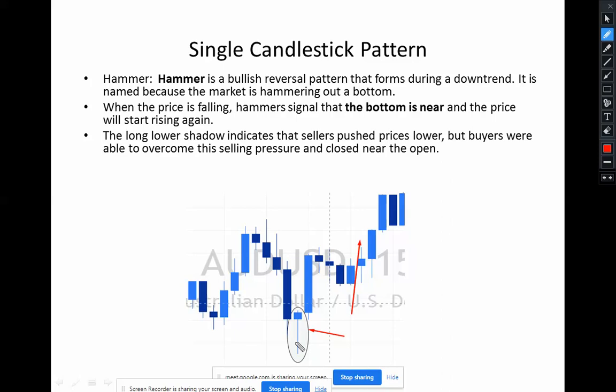It can be twice, it can be three times, but the minimum should be twice, longer than the body itself. So that is a good hammer, and that signals to us a trend change to the upside, which you call a bullish trend.